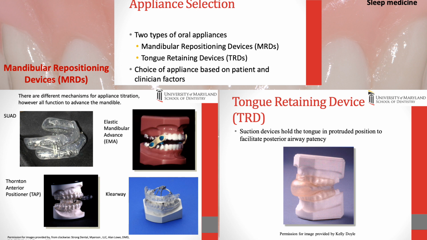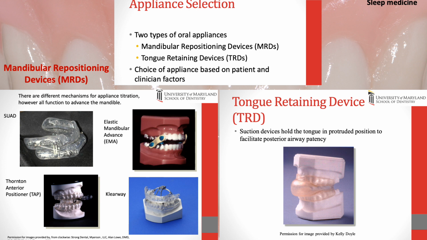Again, it makes sense to me that, especially for retrognathic patients, by advancing the mandible, we're creating a little bit more room for the tongue, and hopefully that would reduce blockage or reduction of airflow in the airway.